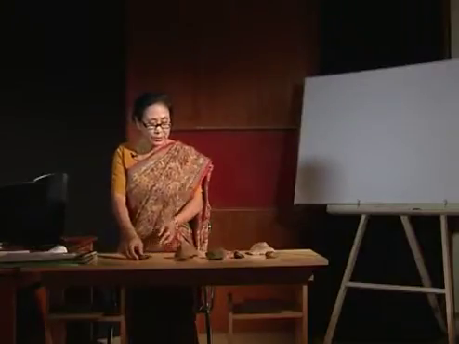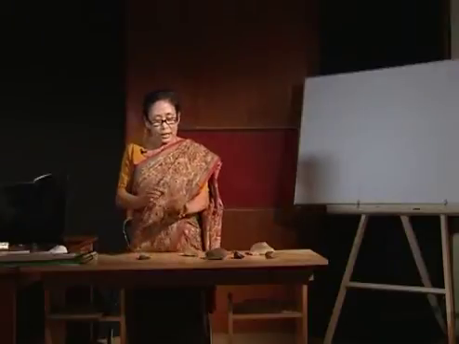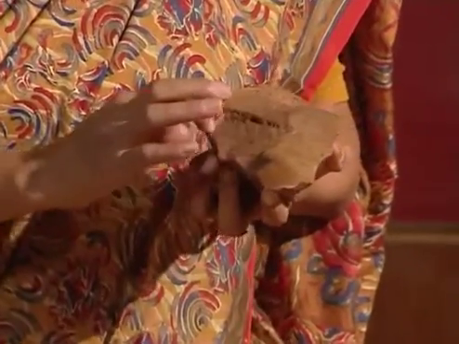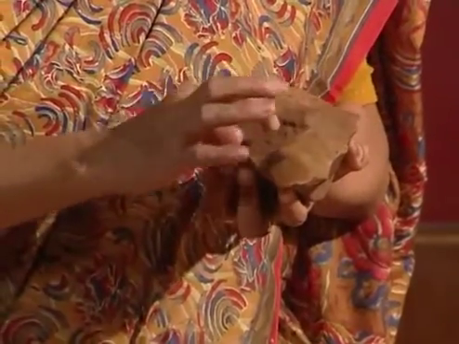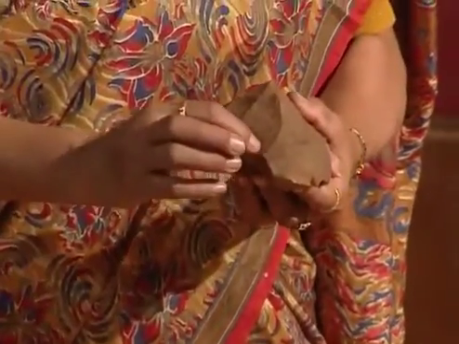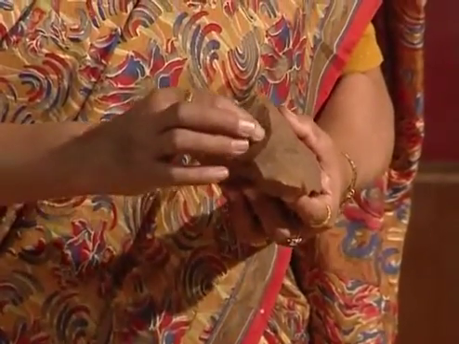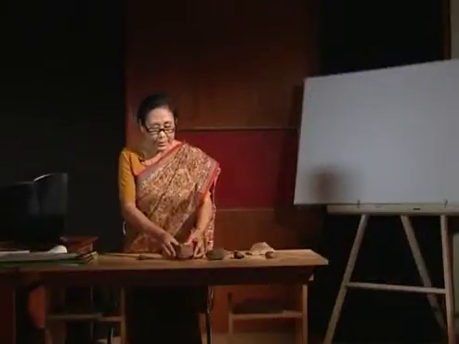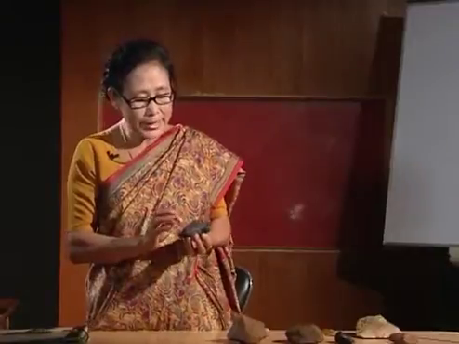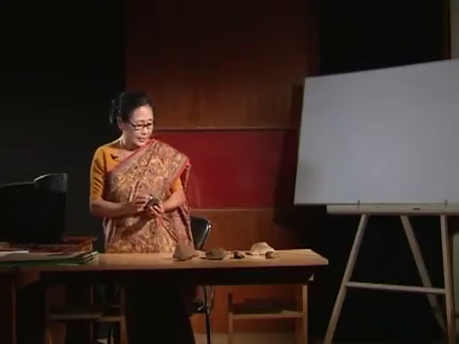Whereas in other tools like these, having deep flake scars, they should be represented by very curved or more curved lines. Whereas these should be drawn by lesser curved lines. And in this case, we have to represent the flake scar by slightly curved lines.